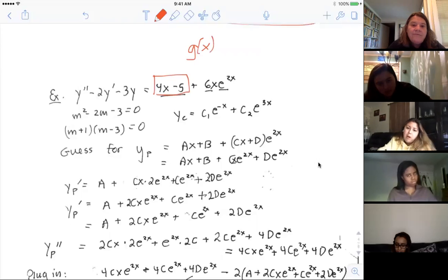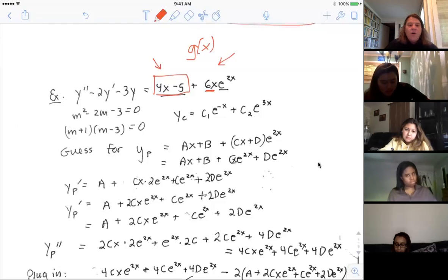When I look at that first piece, I see that that's a polynomial. This, on the other hand, has to do with an exponential, and the coefficient on that exponential is a polynomial. So I've got linear combinations of a couple of the different kinds of functions that I had, polynomials and the e to the alpha x's.